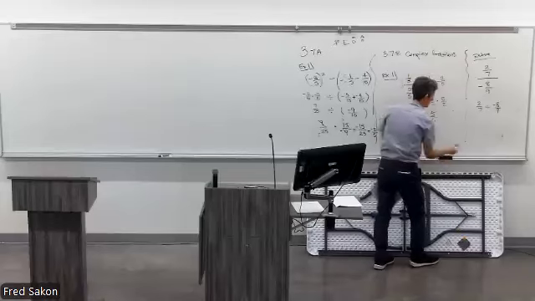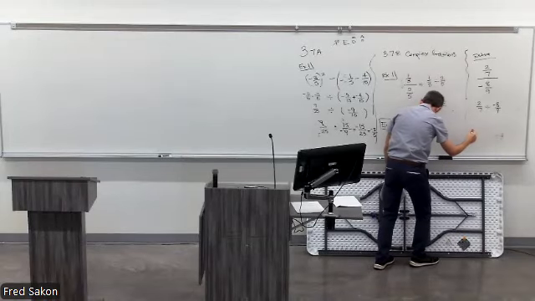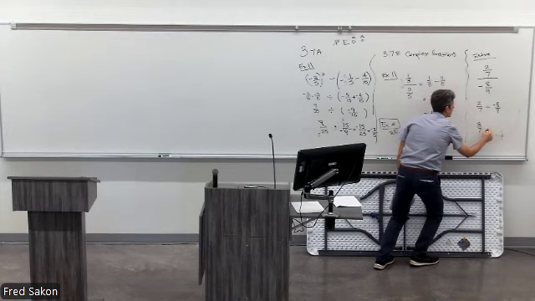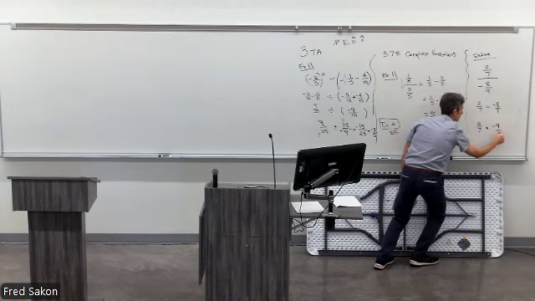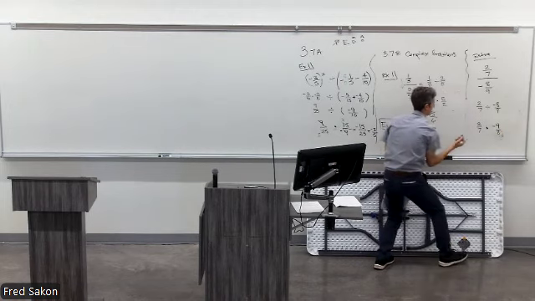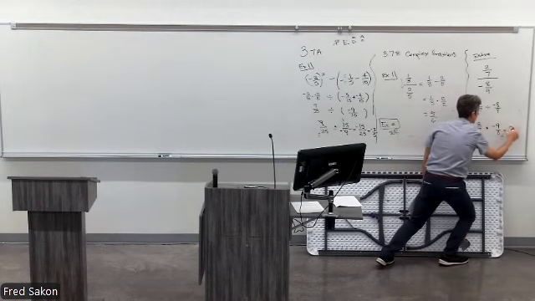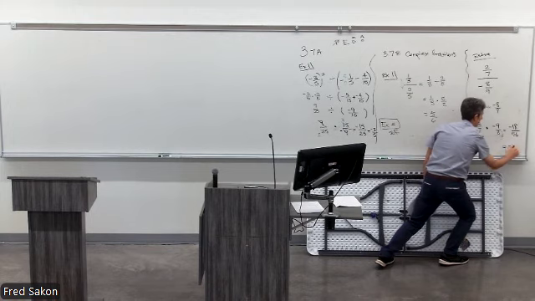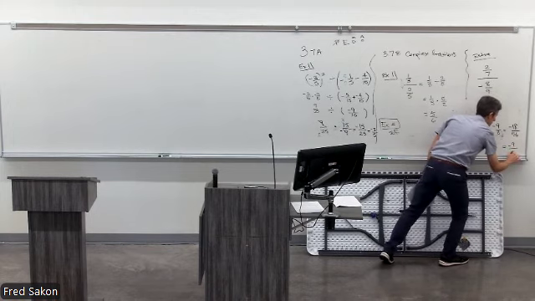What's that going to become? 2/7 times the flip of this, and then multiplying it, I get -18 over 56, and I can reduce that to -9 over 28.